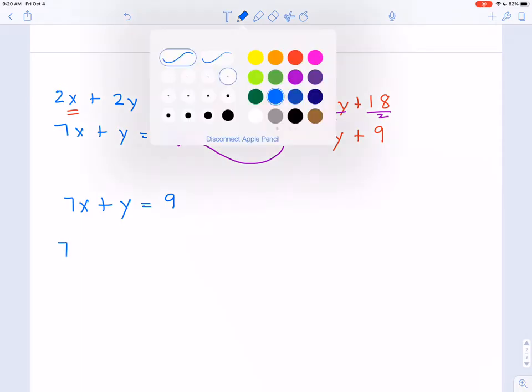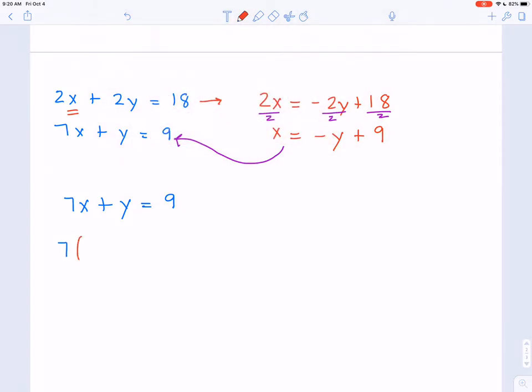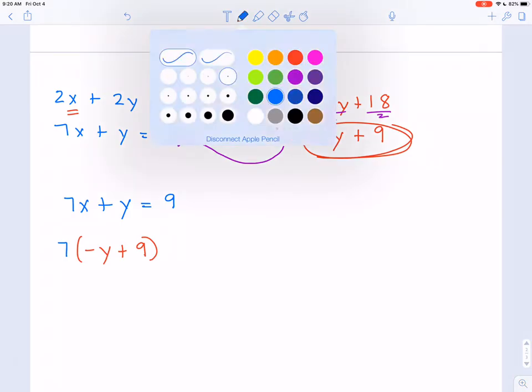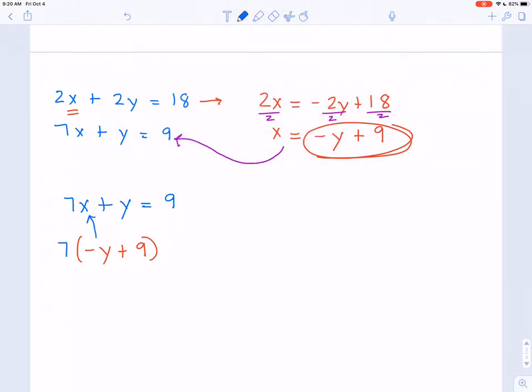Well, I just said that x, and again, I'm going to use parentheses, is negative y plus 9. That's what I determined right there. And so if I plug that into my second equation for x, and then I simplify, distribute that 7, negative 7y plus 63 plus y is equal to 9.